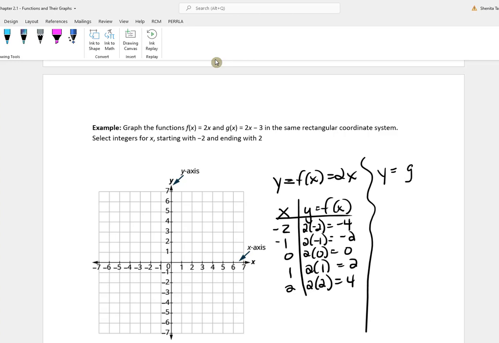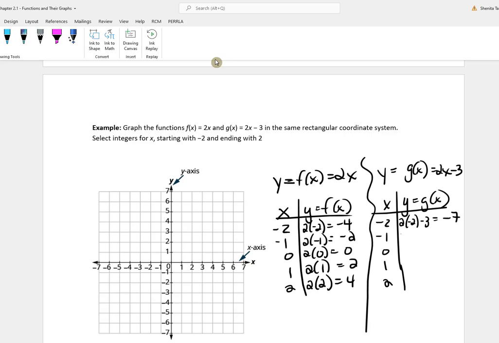So now I'm going to do the g of x. g of x is 2x minus 3. Once again, I'm going to go from negative 2, negative 1, 0, 1, 2. When I plug in negative 2 back into the function, I end up with negative 4 minus 3, which is negative 7.